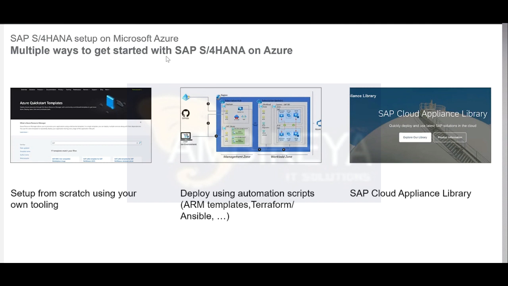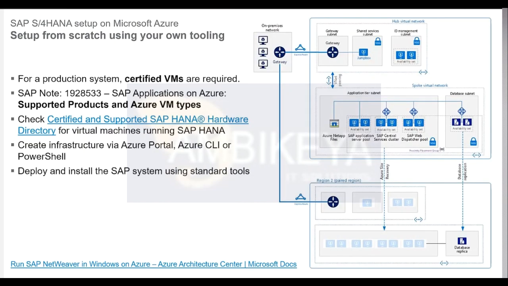The goal right now is really to have a sandbox or a demo environment. But the beauty is you don't need to invest a lot of time. If you just want to check out the latest features in S/4HANA, then this is just a few clicks away. You test it, and once you're done, you just remove everything, and you don't need to pay anything for the infrastructure anymore.